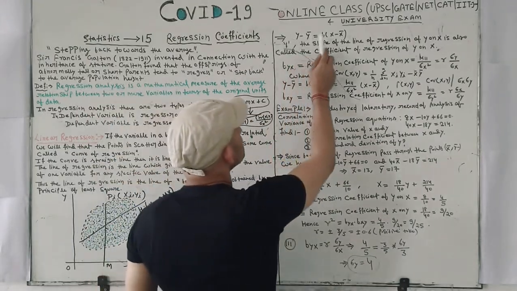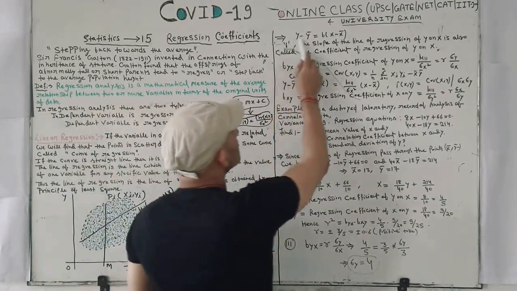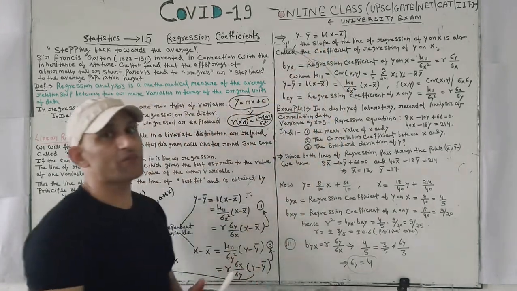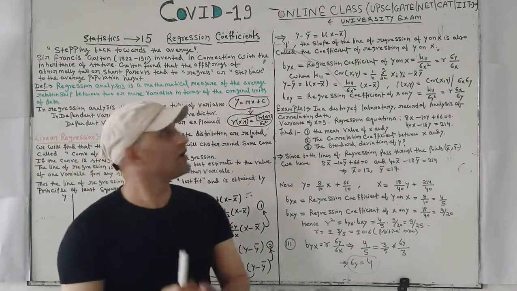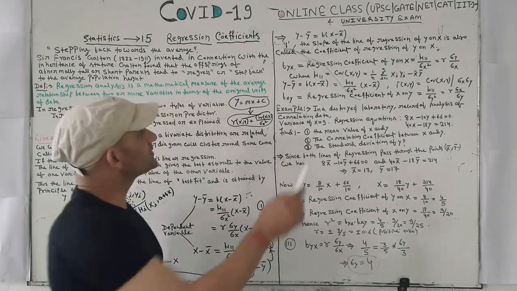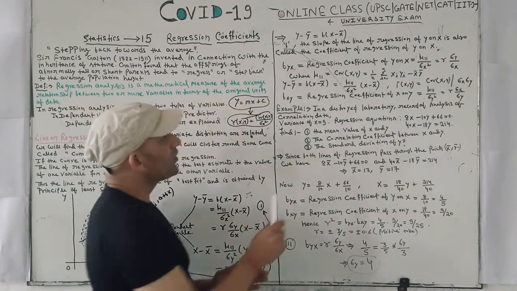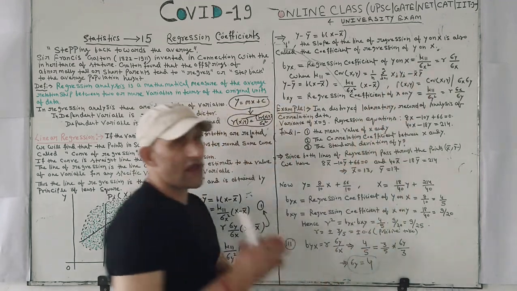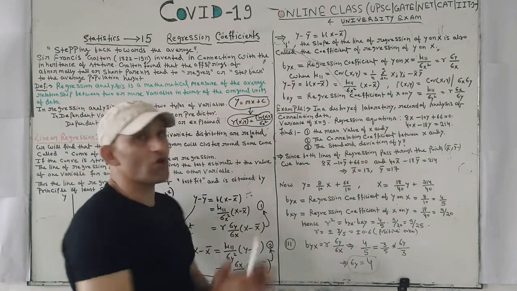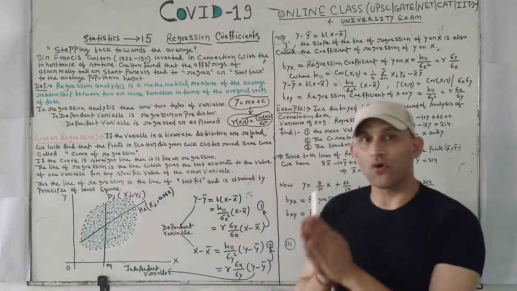So y minus y bar is equal to b times x minus x bar. You have drawn the line with the help of this high school formula. This b, the slope of the line of regression of y on x, is also called the coefficient of regression of y on x.